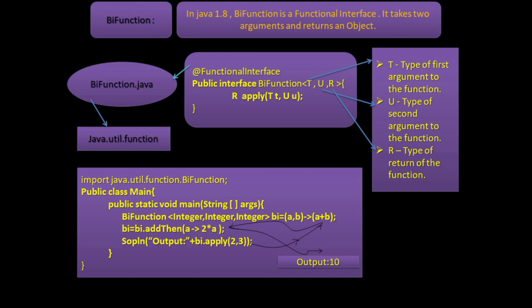Then System.out.println, the output is bi.apply(2, 3), first argument 2 and second argument 3, and 2 and 3 go to the first method, then a plus b, which returns an integer, stored in bi. Then bi.andThen means the result is stored as 5. Then 5 times 2 is 10, then it returns the output, so the output is 10.